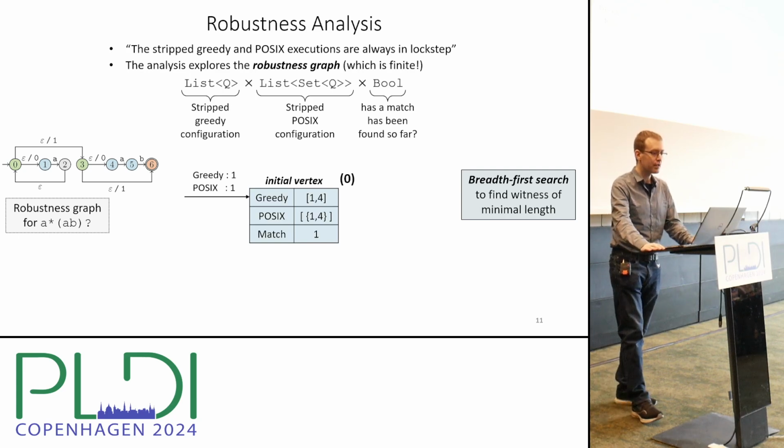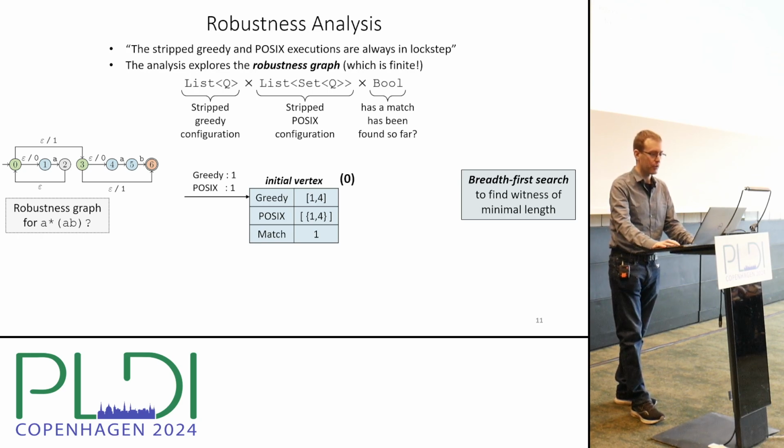So in the beginning, we construct the initial vertex. And notice here the annotation on the edge. This annotation says that greedy and POSIX agree because both of them report on a match at the very beginning. This is because the regular pattern accepts the empty string.